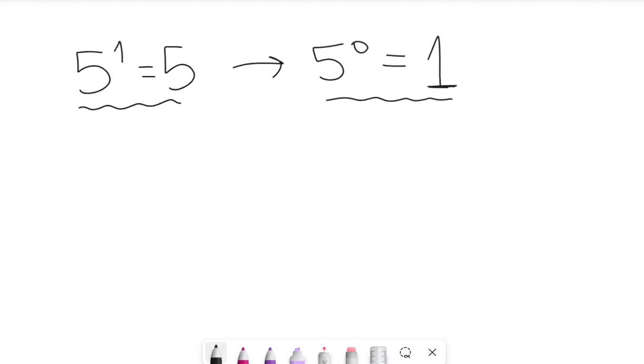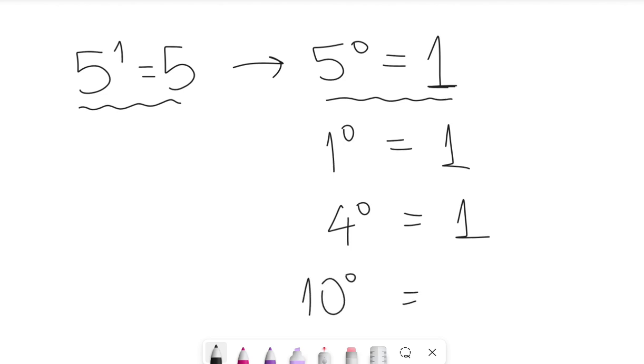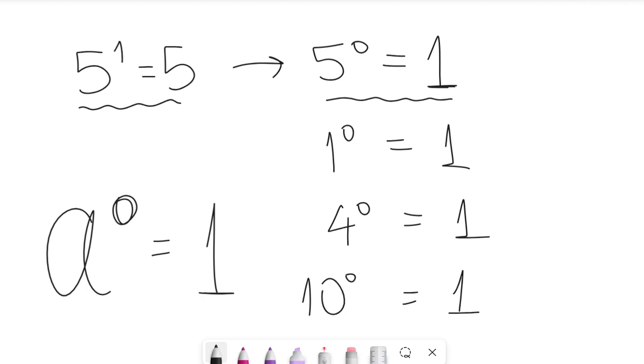What if we say 1 to the power of 0? 1. 4 to the power of 0? 1. 10 to the power of 0? 1. So what's the conclusion then? Any number to the power of 0, except for 0, is equal to 1.